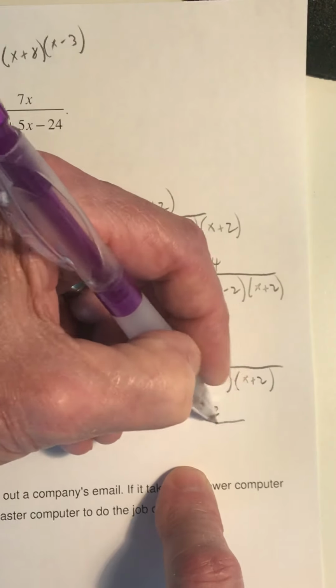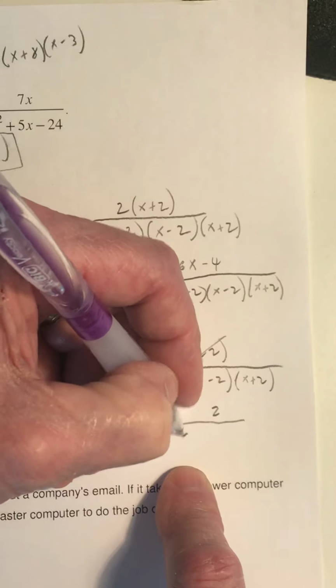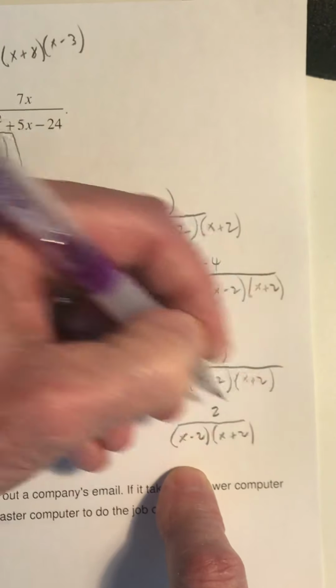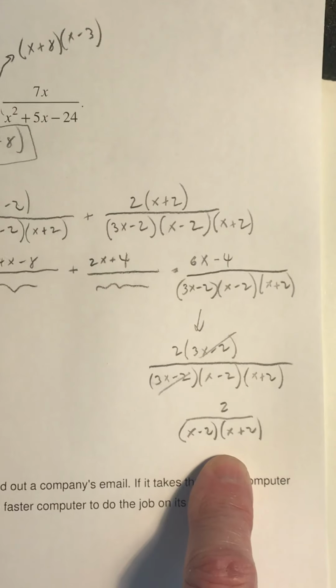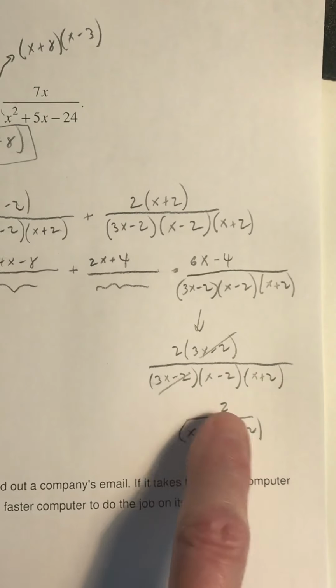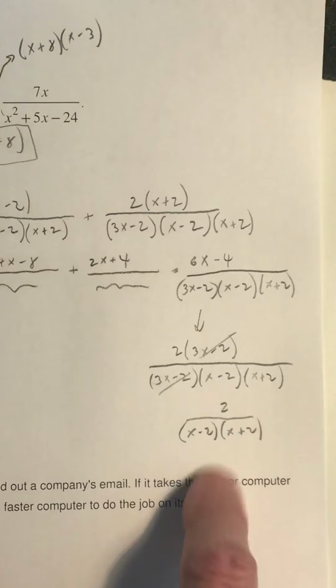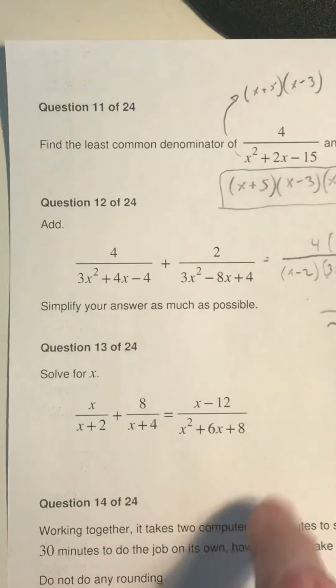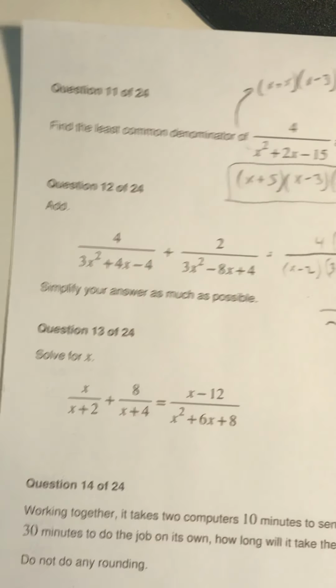And so our finished, most elegantly simple sum is 2 over x minus 2, x plus 2. Okay? Now question 13, there's not enough room on this sheet of paper, so I started writing it out over here.